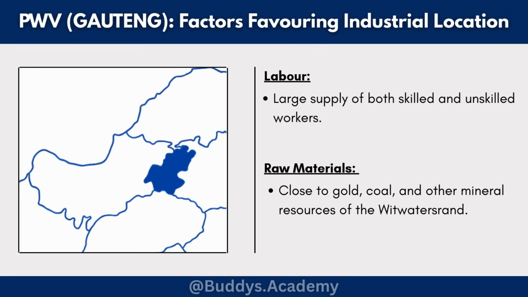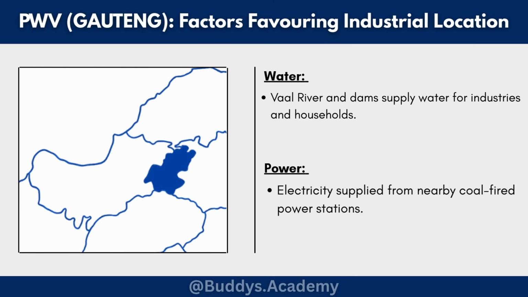So things like gold, coal, iron ore, maize, and platinum as well. Now, when we're looking at water, your Vaal River and your dams are going to supply water for industries and households. And this region is going to receive enough rainfall as well. In terms of power, electricity is going to be supplied from nearby coal-fired power stations.